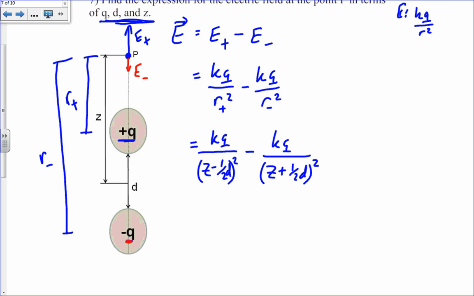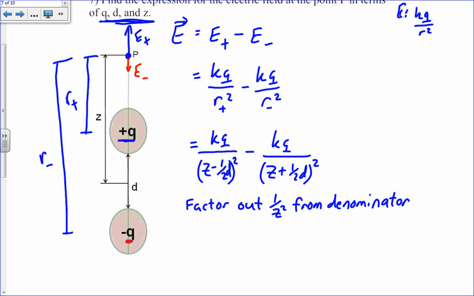Now, what we're going to do is we're going to factor out 1 over Z squared from the denominator, just to simplify it a little bit.